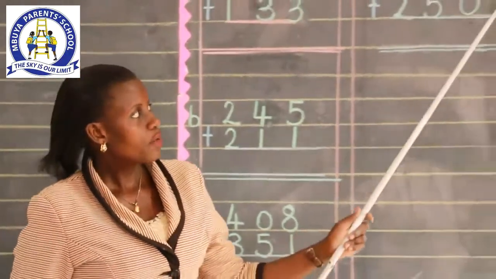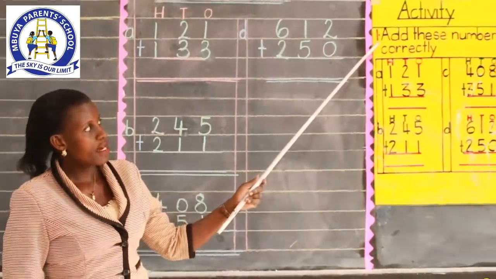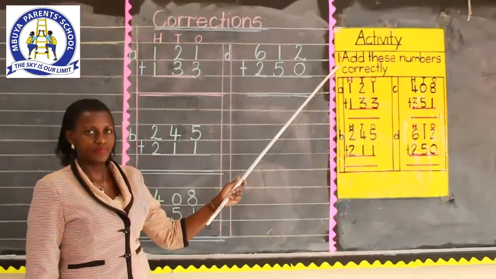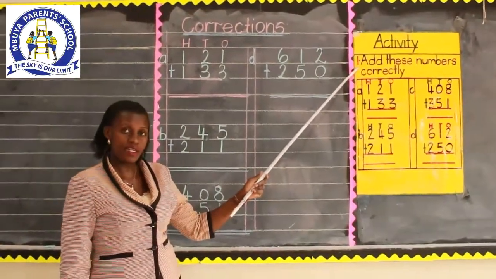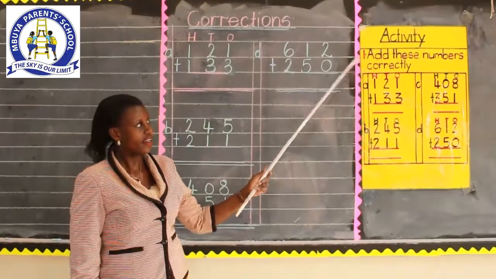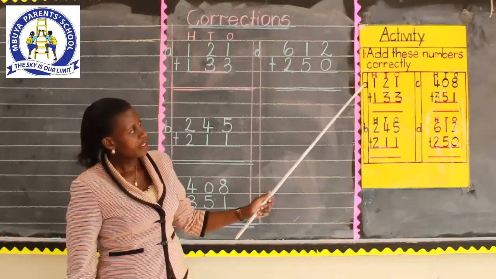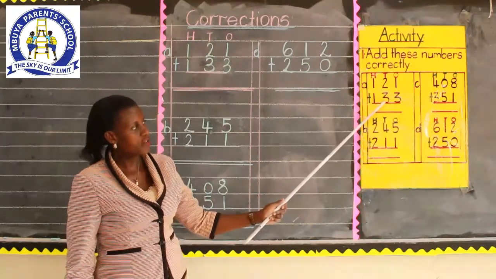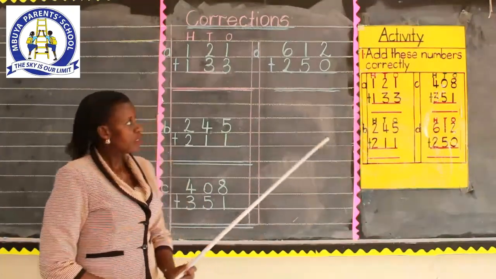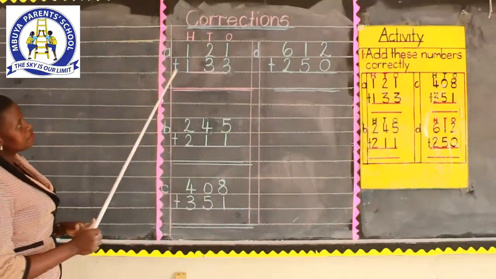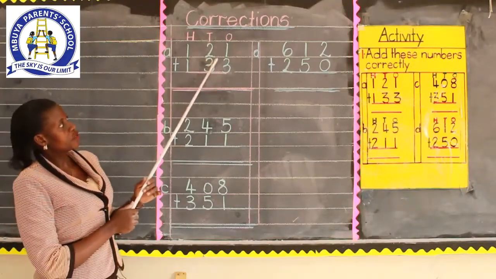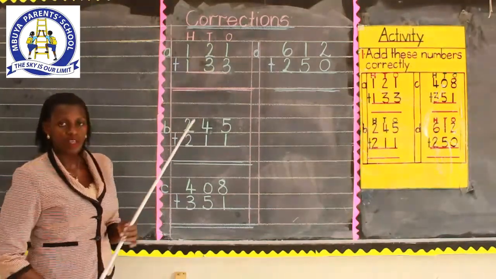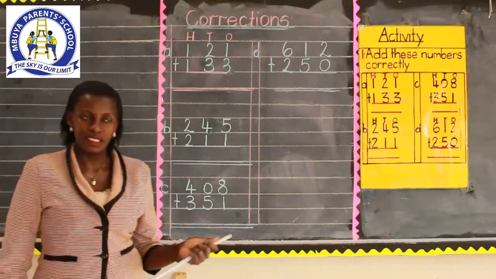Okay, activity 1 was saying, add these numbers correctly. Part A was saying, 121 plus 133. Now children, when you look at these figures, 121 and 133, we can't add them at once.